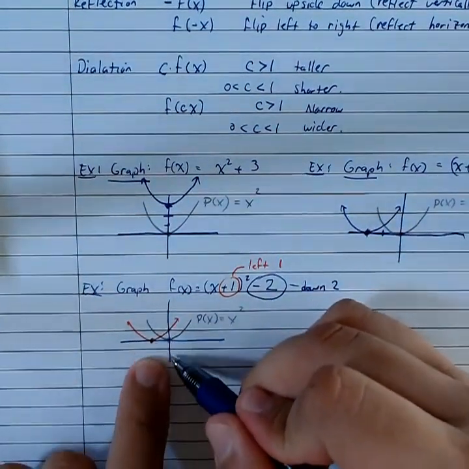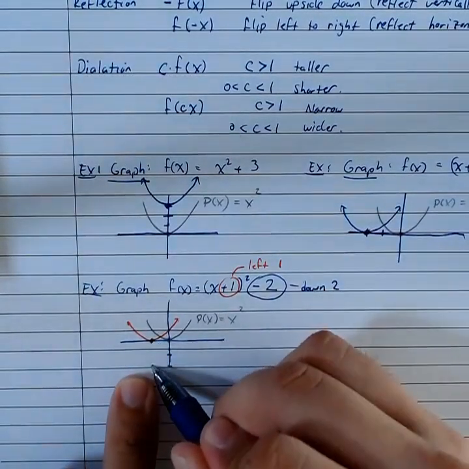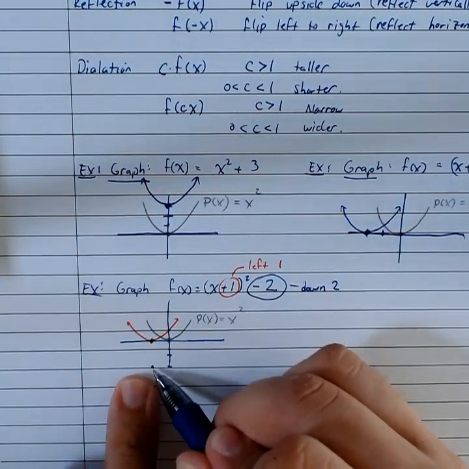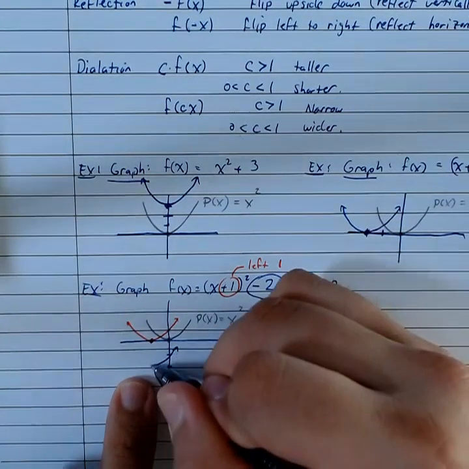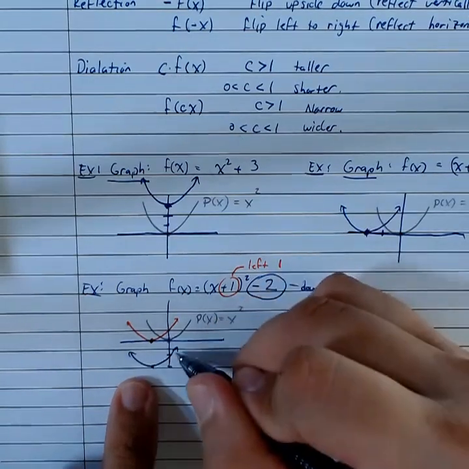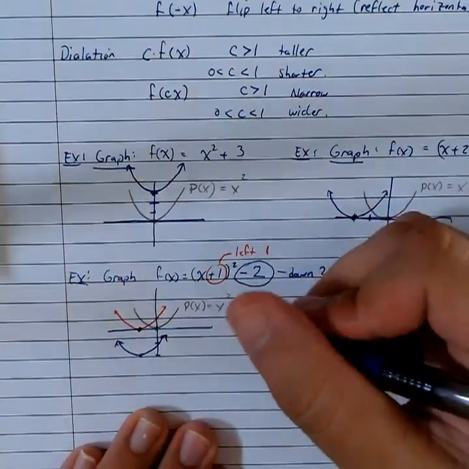So that point will go down 1 and 2. From here down to here. So left 1, down 2. It's still going to have the same size, the same shape, the same everything. It's just in a different location now. And there we go. So go ahead and give this a try.